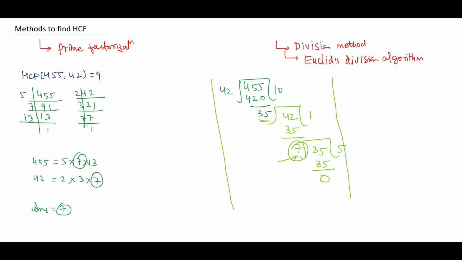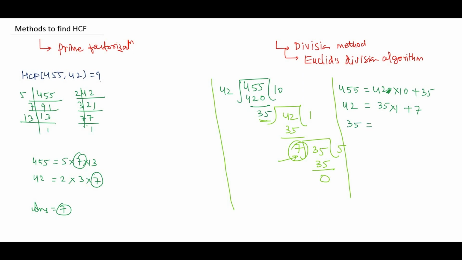Now these successive divisions can be written in a particular form. So this 455 can be written as 42 multiplied by 10 plus 35. Now this divisor 42 can be written as 35 into 1 plus 7.